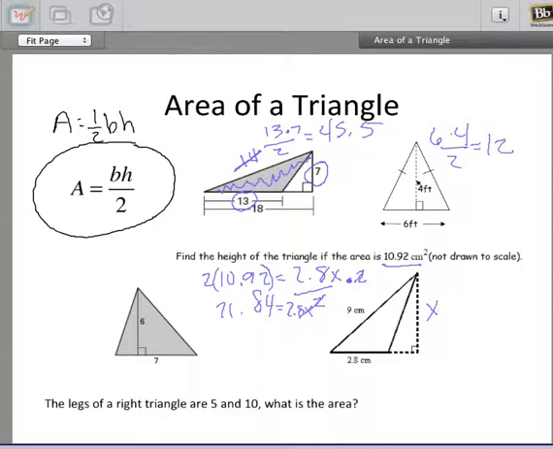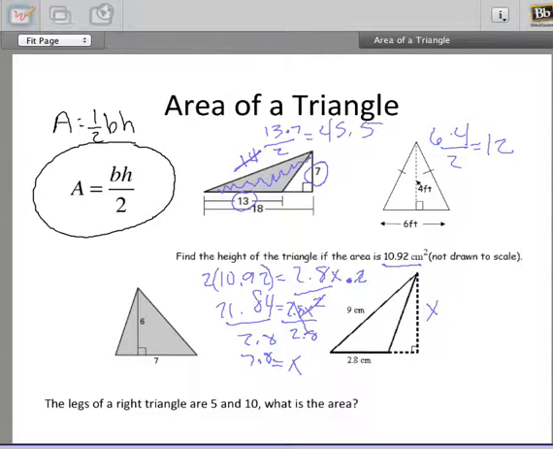Then you need to divide by 2.8 on both sides. So cancel out here, and you're left with x equals 21.84 divided by 2.8, which leaves me with a height of 7.8.